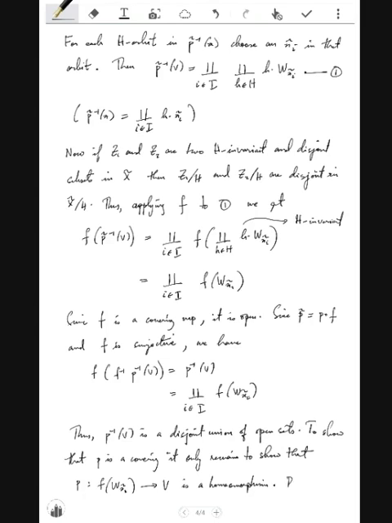But note that we have maps W x_i tilde to f of W x_i tilde by f, and here we have p. So this composite is p tilde, which is a homeomorphism.